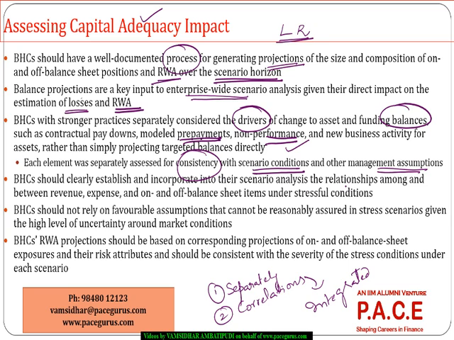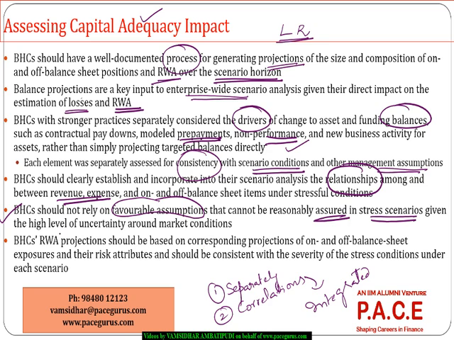Now, from the BHC's standpoint, the correlation, the relationship among the different aspects, revenues, expense, on balance sheet, off balance sheet, all needs to be very clearly specified. Otherwise, it leads to very high overestimation of the number. And one important point to consider here is the BHC should not rely on favorable assumptions if they can't be tested, if they can't be assured in stress scenarios, because there is a high level of uncertainty around the different market conditions.